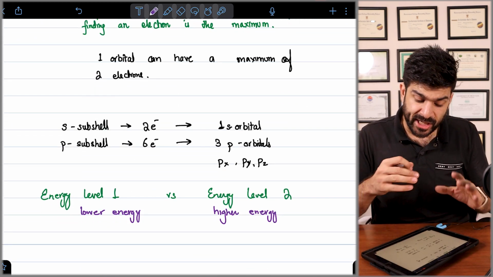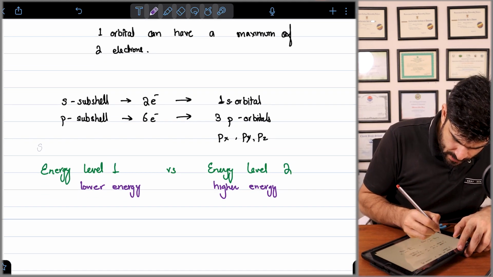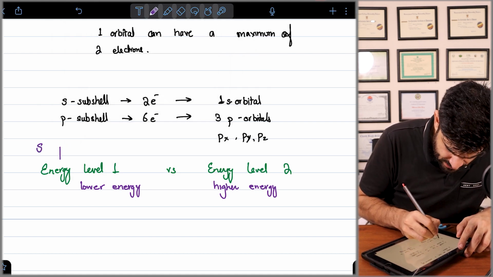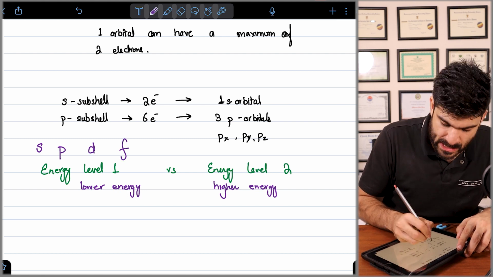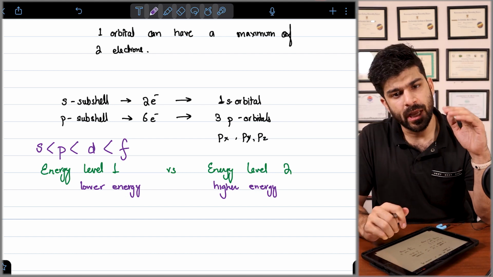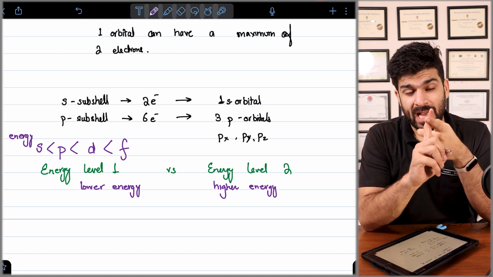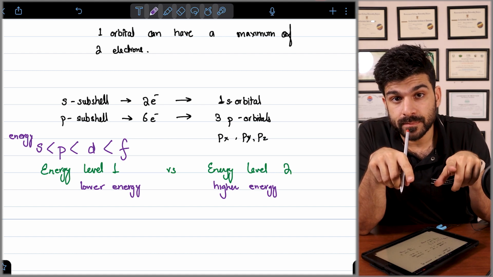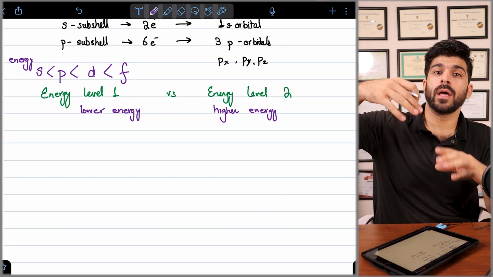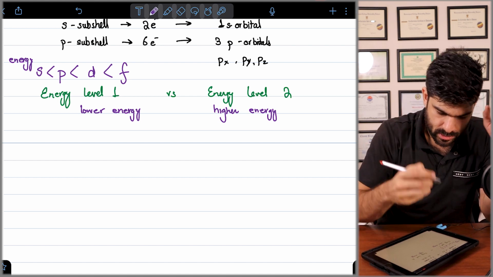When we talk about the energy of the subshells, know for sure S, P, D, and F: F will have a higher energy than D, and D will have a higher energy than P, and so on. This is something we know about their energies. S has always lesser energy than P, and P will always have lesser energy than D. So, in the case of electronic distribution, we keep on adding electrons.